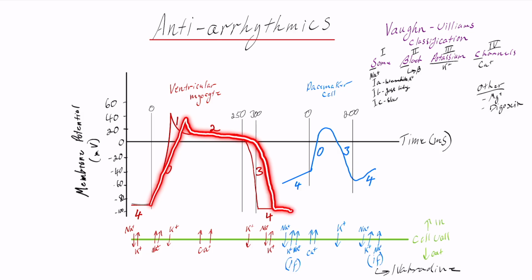So these medications are quite interesting because if you prolong your plateau period and your repolarization time, you actually get a QT interval that prolongs, which makes sense because the QT interval is from essentially the start of depolarization to the end of repolarization.